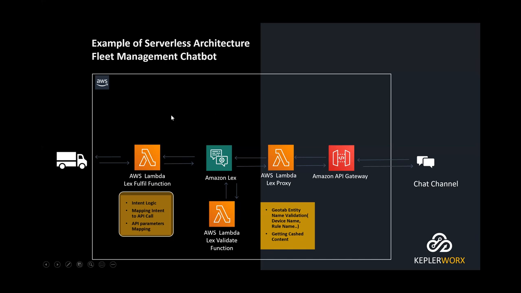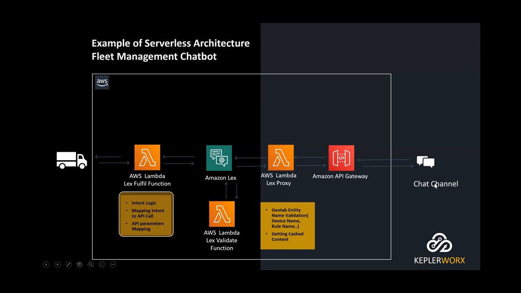So the way we built it for them is we use Amazon Lex here as a chatbot, and on Amazon Lex we built all of these conversational interfaces. In front of Amazon Lex, we have the Lambda function. We have the Lambda function integrating with the APIs of the fleet management system here.